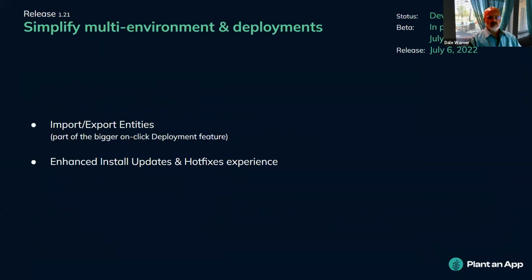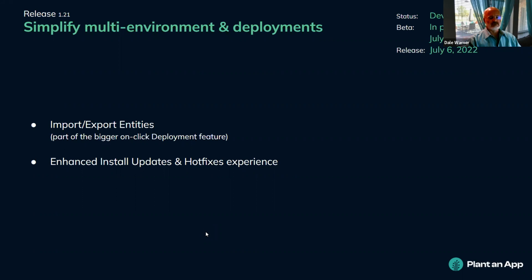So digging in, roadmap updates. We are currently in beta testing phase for our release 1.21. That's scheduled to go on through July 3rd, which is, I guess, Sunday. And the release is scheduled for July 6th, barring any unforeseen circumstances.